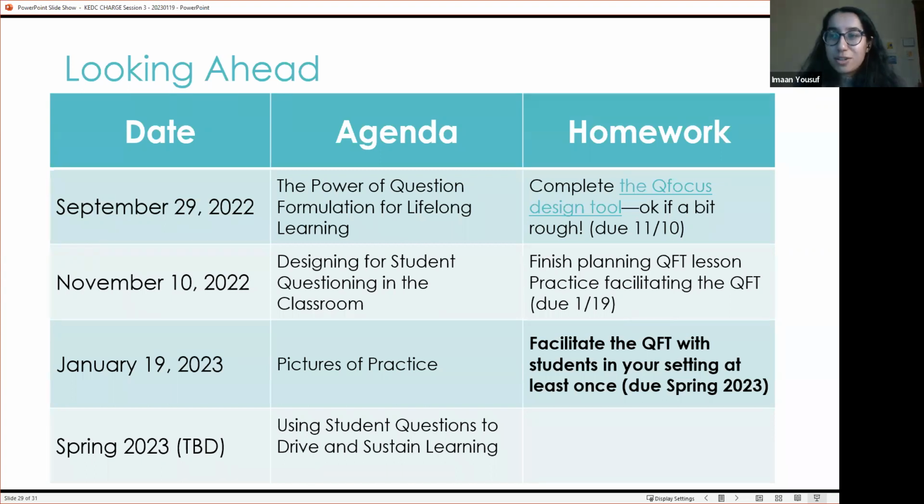And that final session will be all about sustaining that culture of questioning. So I'm sure you all are going to have lots of questions about what you do now with the student questions, and there's so many ways you can go, but our last session will focus on concrete strategies to propel your next steps with your student questions. And that is that. So thank you all for joining us today and continuing to do some homework.